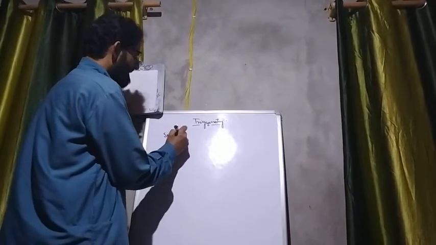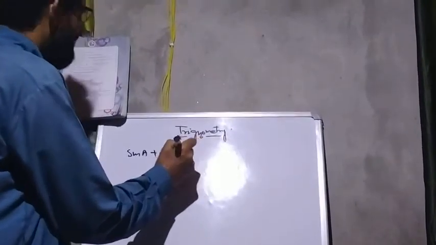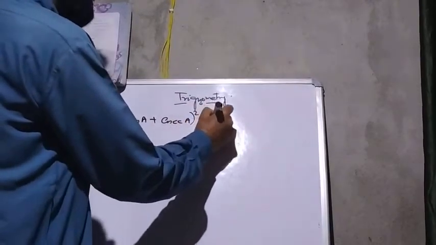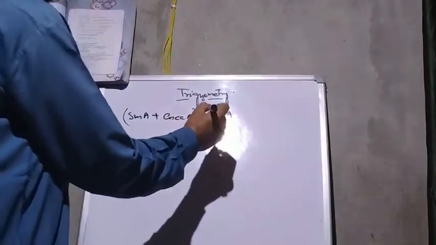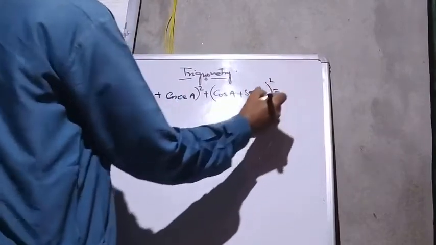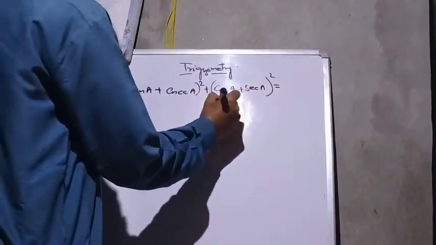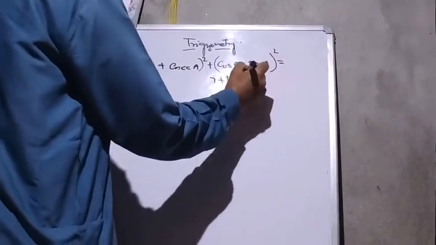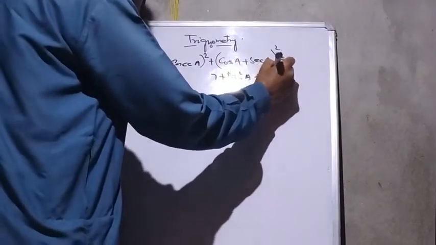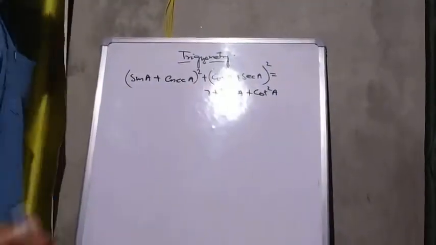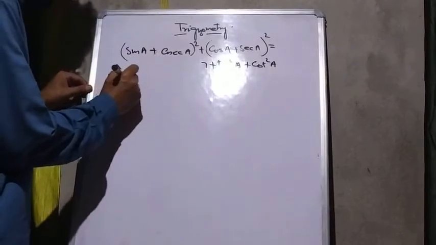Sin A plus cosec A whole square plus cos A plus sec A whole square, this is equal to 7 plus tan square A plus cot square A. Let us take the left hand side, LHS.